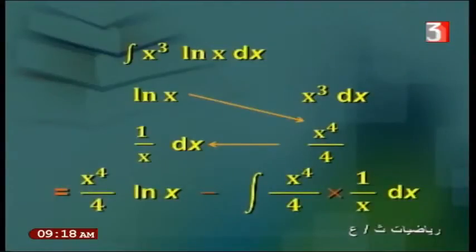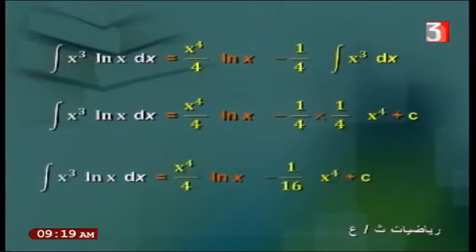Then x power 4 over 4 ln x minus integration x power 4 over 4 times 1 over x dx. The integration equals x power 4 over 4 ln x minus 1 over 4 integration x power 3 dx.